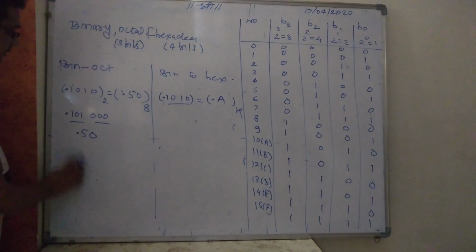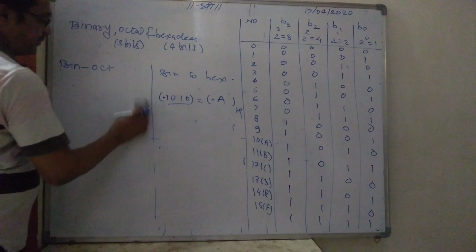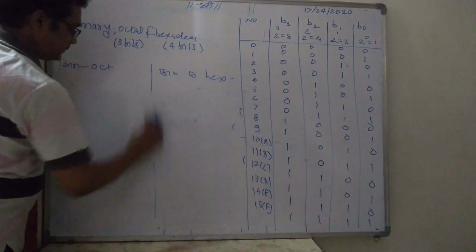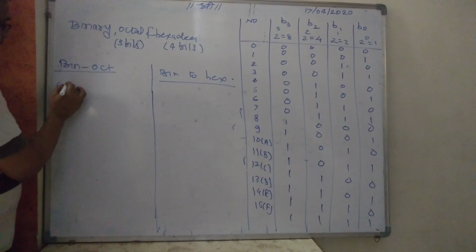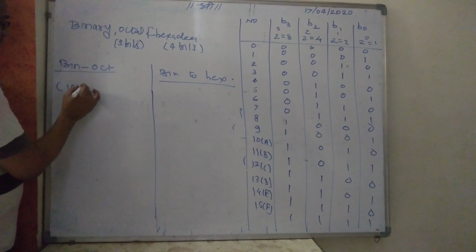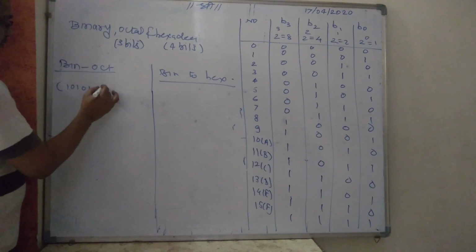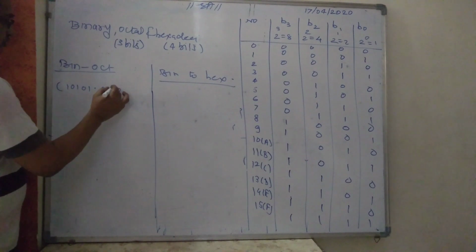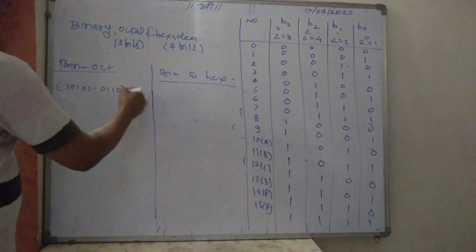Now we will take integer and fractional combined numerical. Binary number 10101.0110. Same number I am writing here.